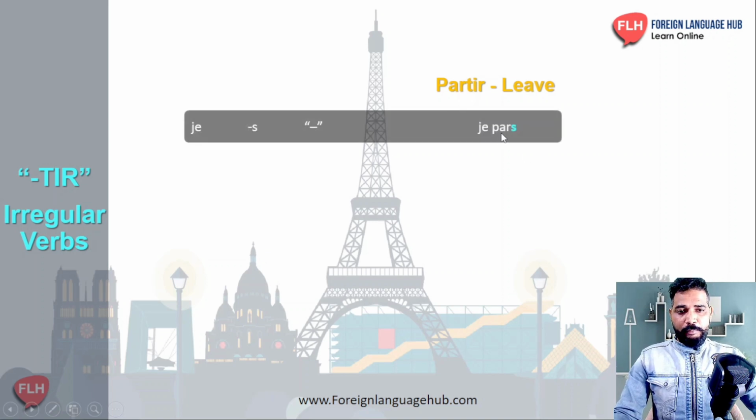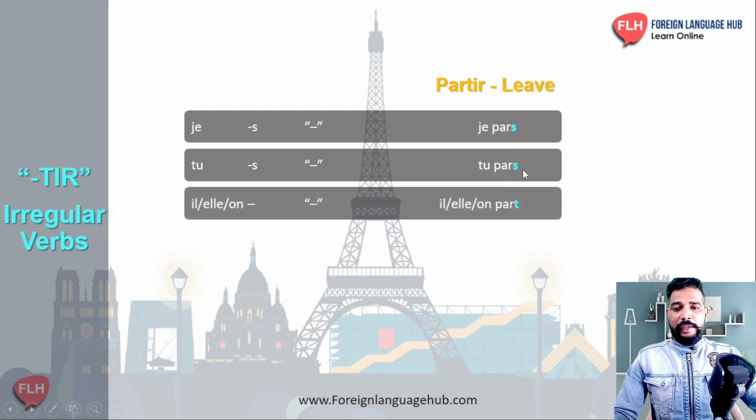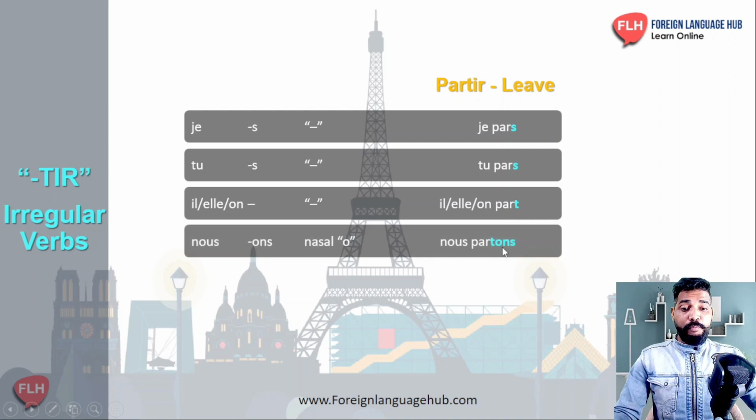Je pars. The stem is par. Technically it should have been part, the T should also be involved, but it is not. So it's je pars, ending with S. Tu pars, again par is the common stem, ending with S. Il, elle, on part. Nous partons.